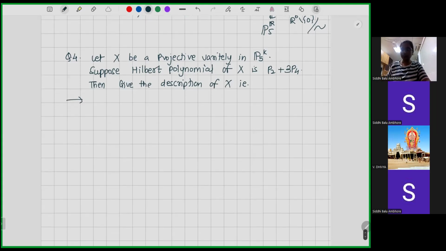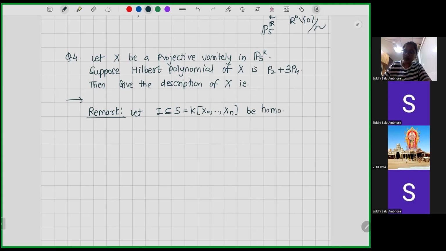Okay, so since this is about the Hilbert polynomial, we have this remark from the lecture, and we need to use that here. So if I is a homogeneous ideal in S = k[x0, ..., xn], with degree of V(I) being the multiplicity of S/I.